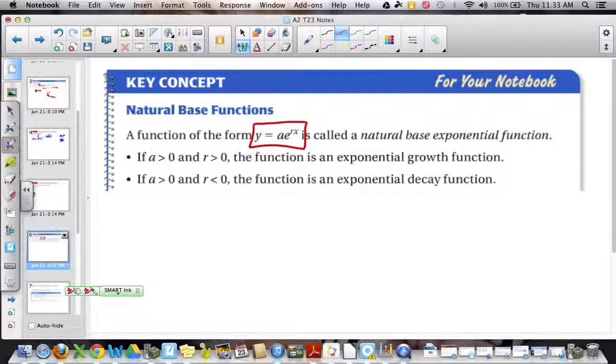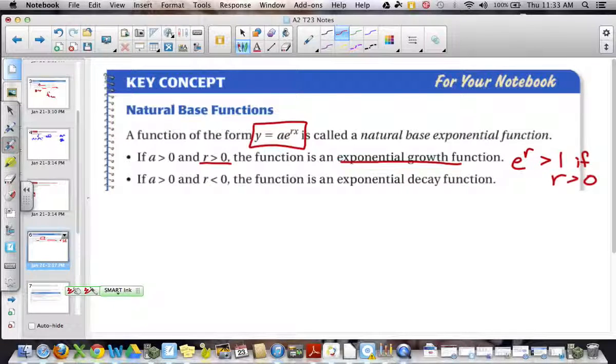So if r is greater than 0, then the function is exponential growth, which makes sense, because e to the r will be greater than 1 if r is greater than 0.